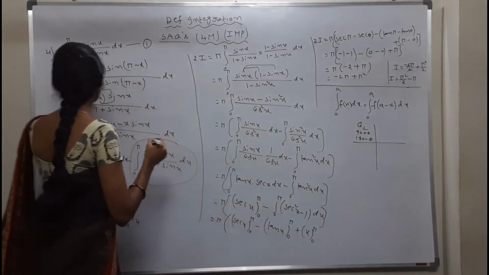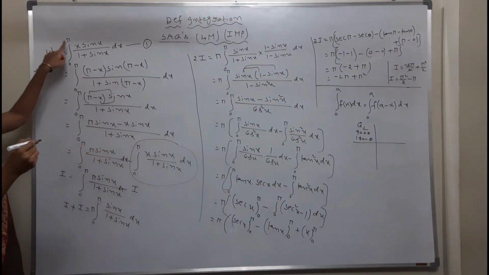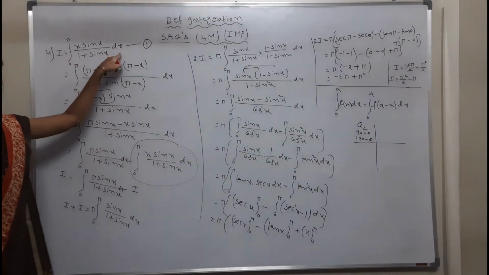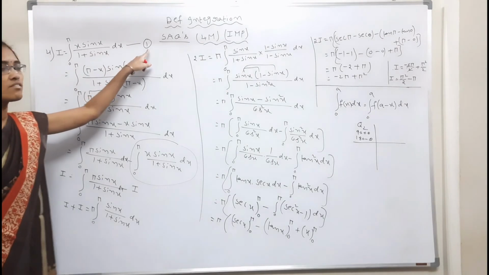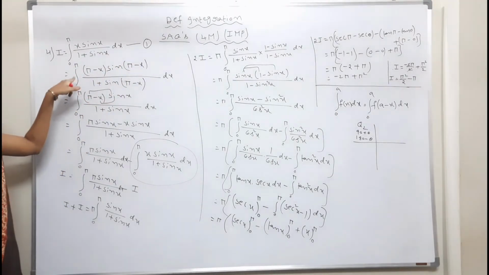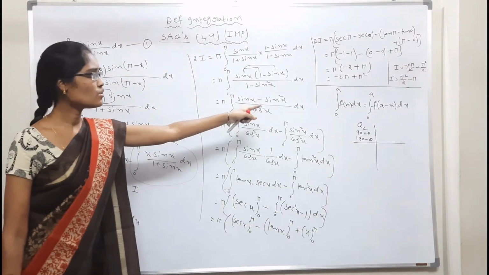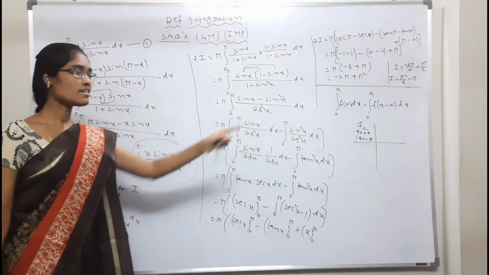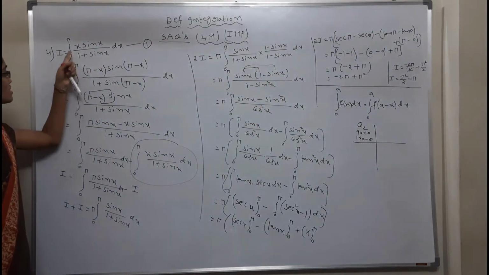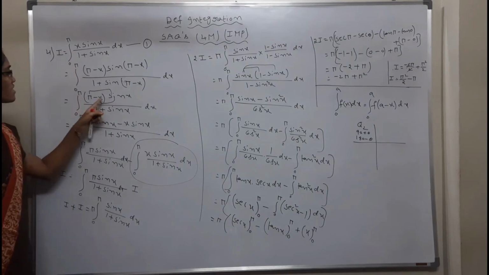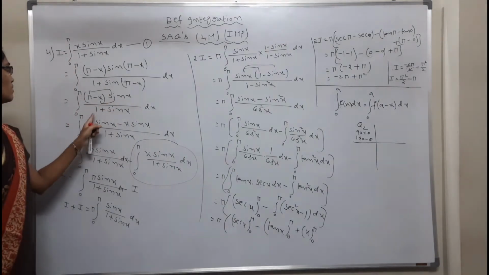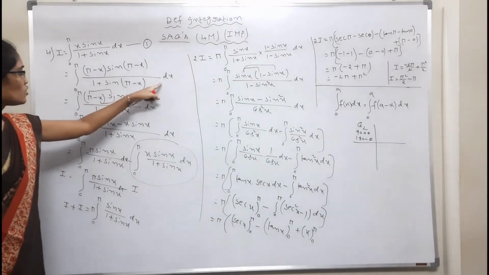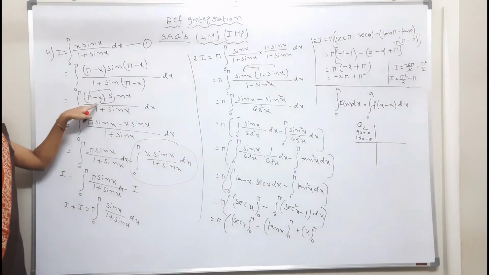See here, first, integral 0 to pi x sin x by 1 plus sin x dx is our question, so consider this as equation 1. In this x place, according to the formula integral 0 to a f of x dx is equal to integral 0 to a f of a minus x dx, in this substitution we have to substitute pi minus x into sin x by 1 plus sin of pi minus x dx. Again pi minus x is written as it is.